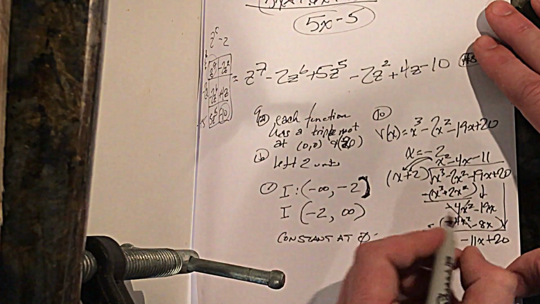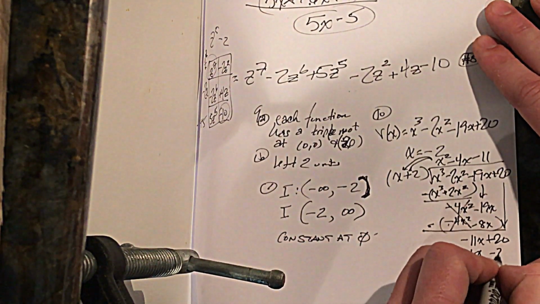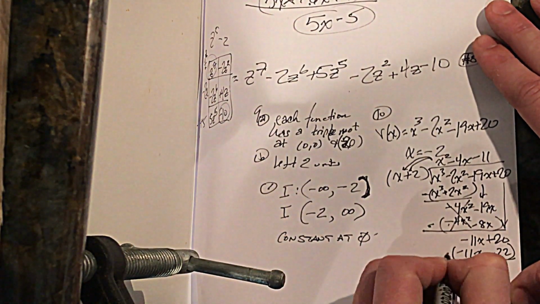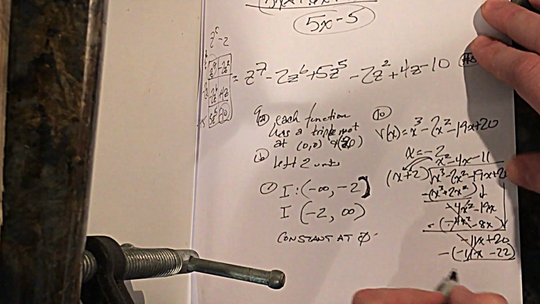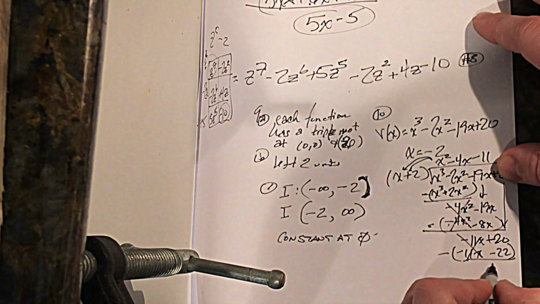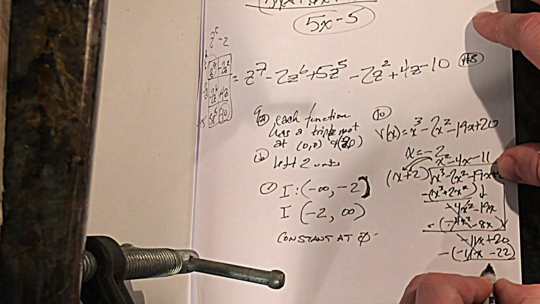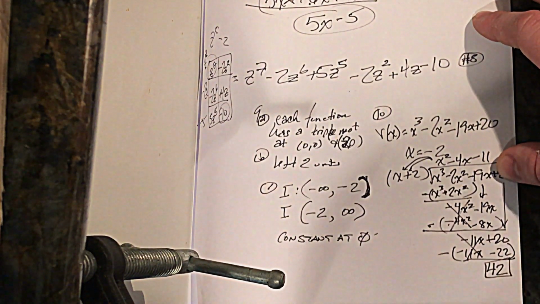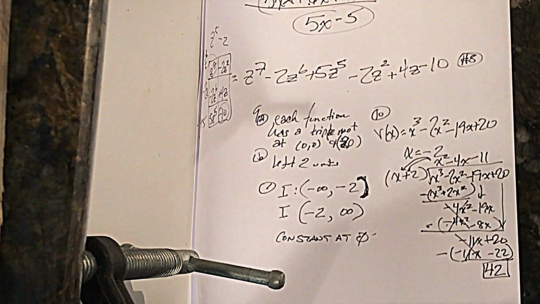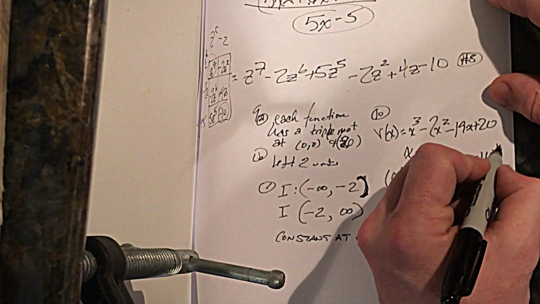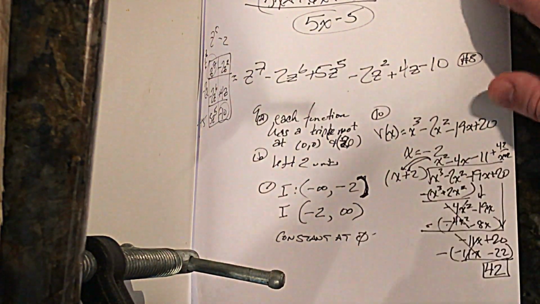Negative 11 goes at the top, negative 22 at the bottom. Now I cancel, and I get that my remainder here is 42. So 42 over x plus 2.